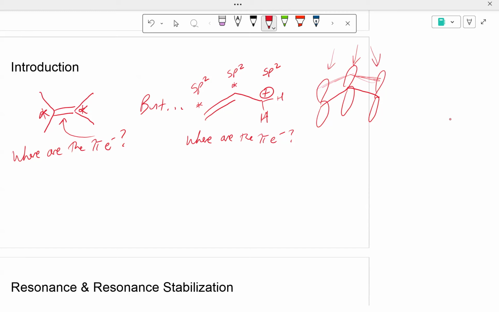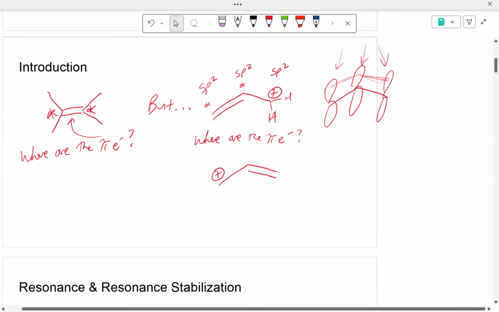We could also describe it as this. And so this is where resonance helps us put together these possible locations for these electrons.